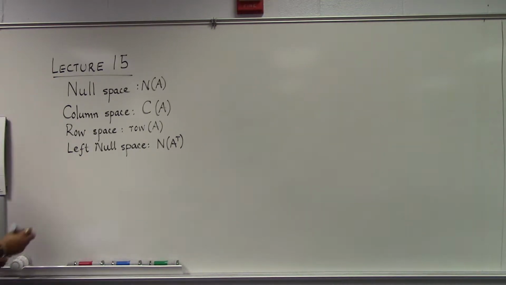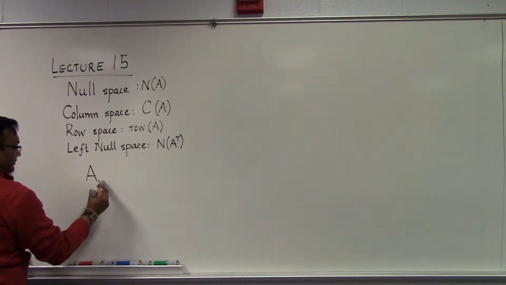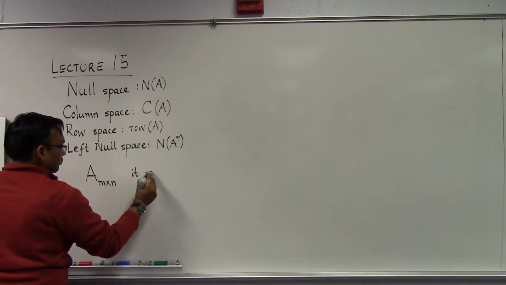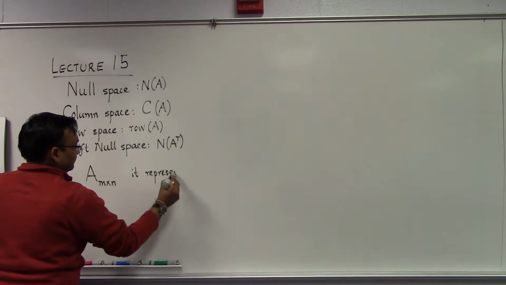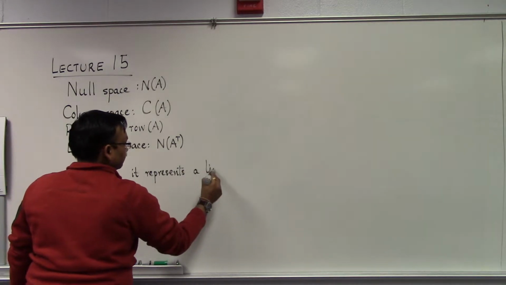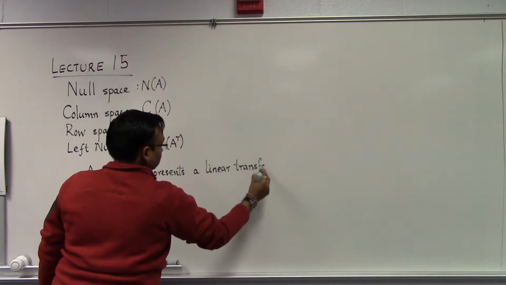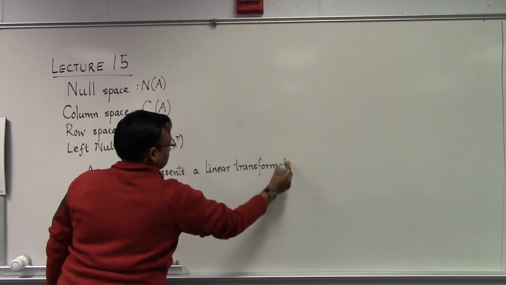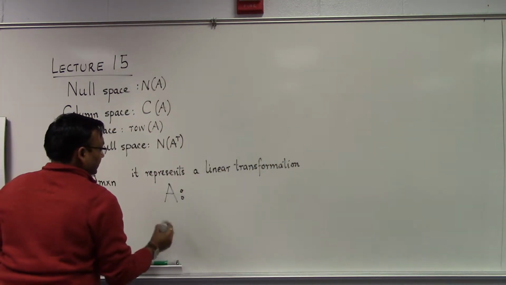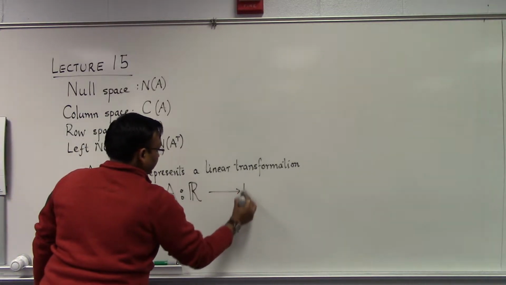Okay, so first things first, when we said A is an m by n matrix, that means it represents a linear transformation, and I will use the same name for the linear transformation, it's just easier, from some vector space to another vector space.